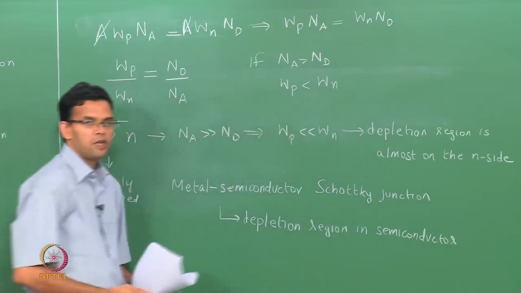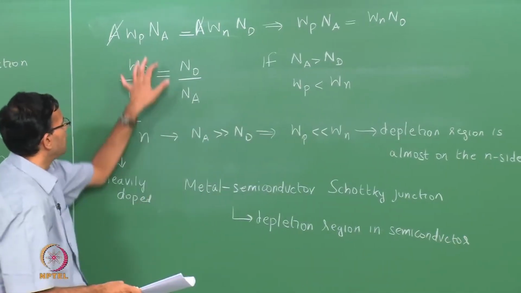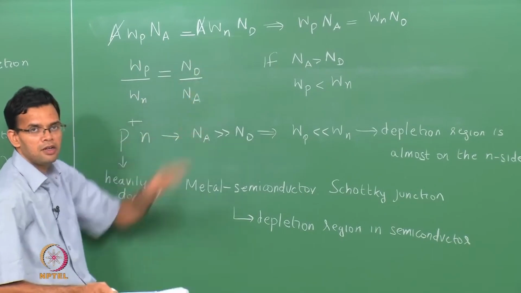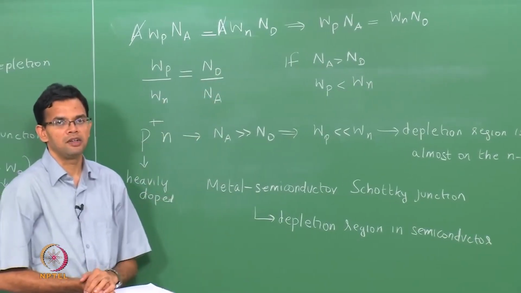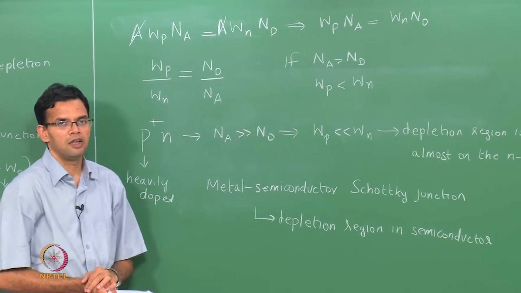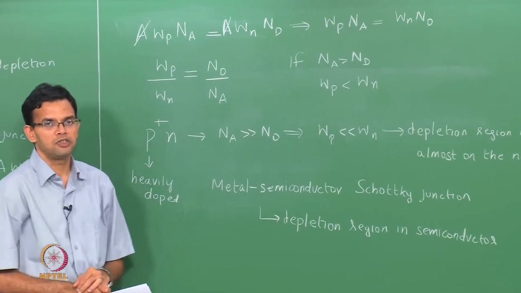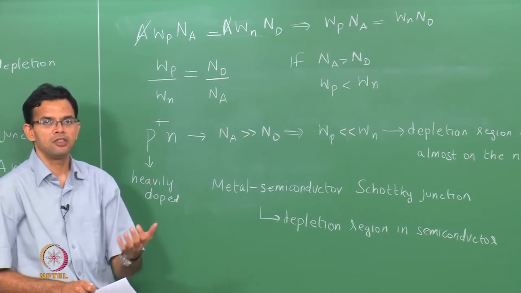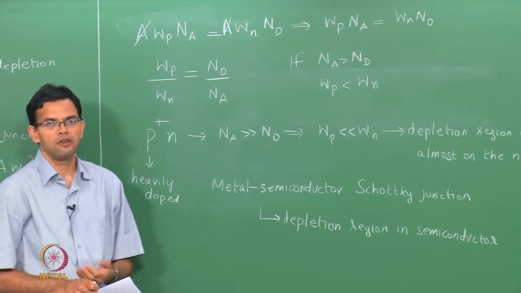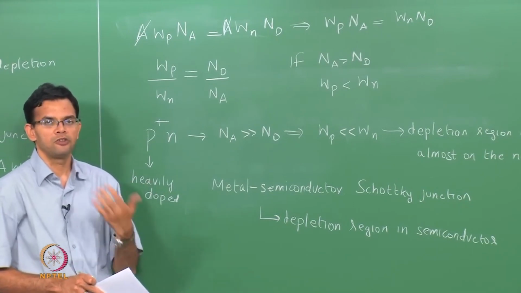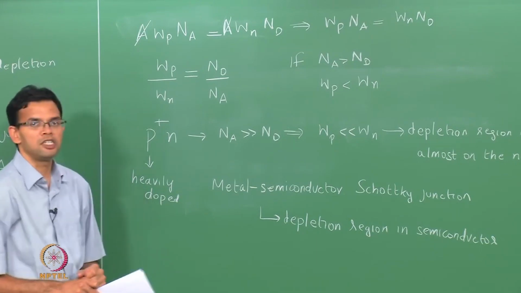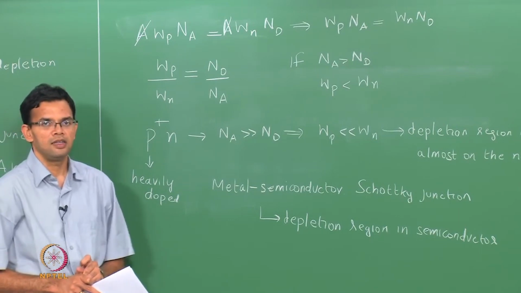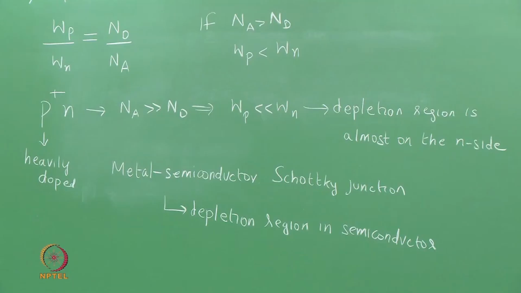And this is again because if you try to look at an expression similar to here, the charge density in the case of a metal is much higher than that of a semiconductor. So, in order to maintain charge neutrality, you have electrons coming not only from the surface of the semiconductor, but also from the bulk, creating a depletion region, and this depletion region lies entirely in the semiconductor side.